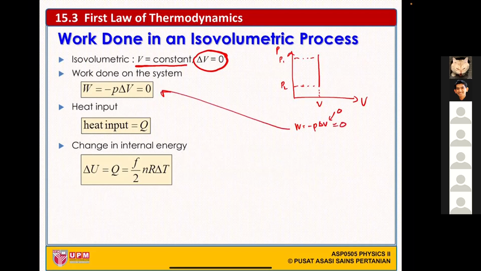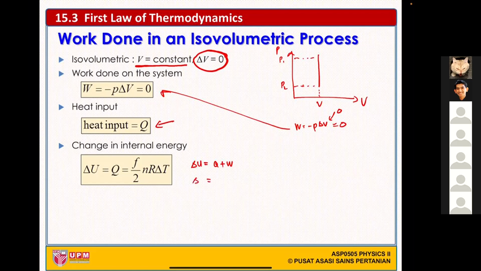Jadi dalam konsep isovolumetric, there is no work done on the system. Sebab work dia sama dengan kosong, there's zero change in volume, sebab volume dia constant. And since the heat input is equal to Q, kita boleh masuk balik pada first law of thermodynamics. The change in U is equal to Q plus W, dan dalam isovolumetric, work adalah 0.